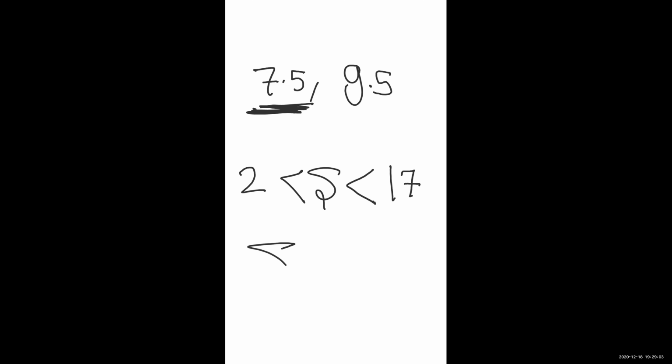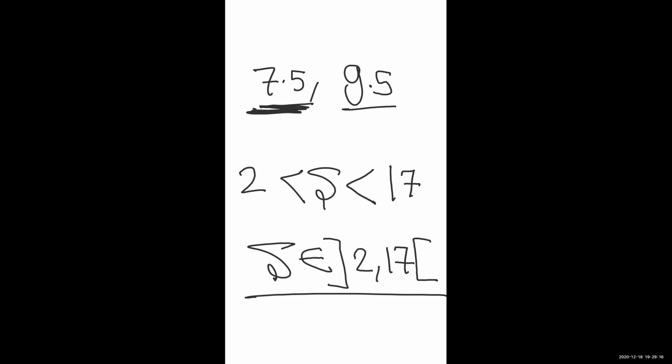So now the side will be any length from this interval, 2 and 17. So it's possible to draw a triangle with 7.5 and 9.5 and any number between 2 and 17, not included, as I said.